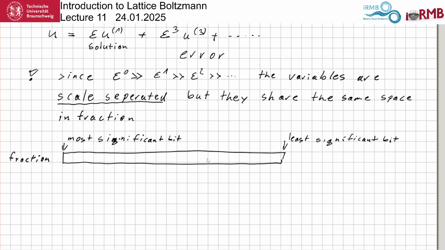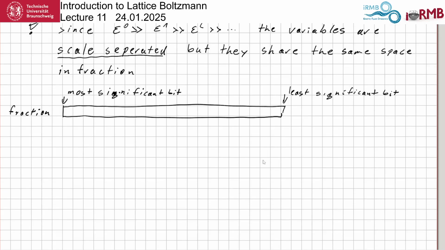The thing we want to talk about is that in this fraction here, we put all our moments in a superposition, which means that we have things of very different size in here, and the largest thing will be located at the most significant bit, obviously. The largest thing is the constant part, rho 0. Then the other things will be smaller.